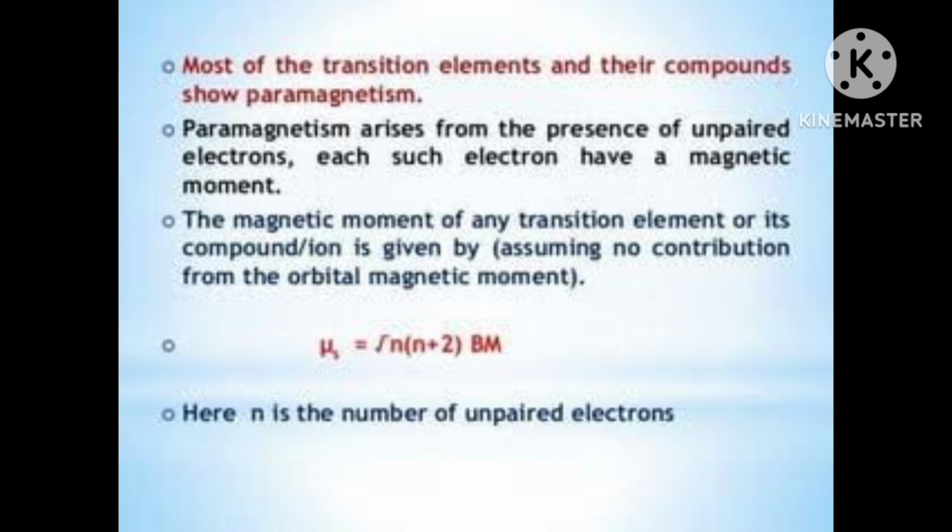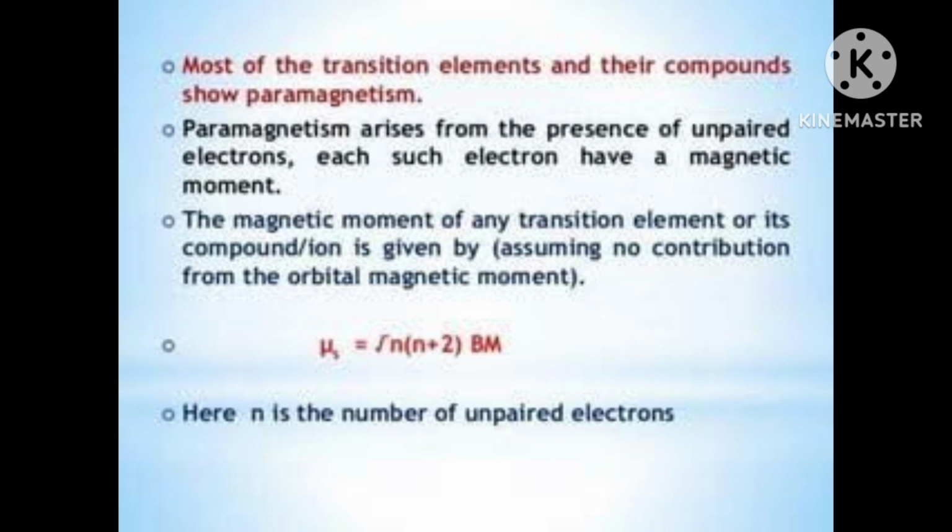It means that the orbital angular momentum value now has no significance in the case of the first series of transition metals. Then who is playing the main role for magnetic moment or magnetism?